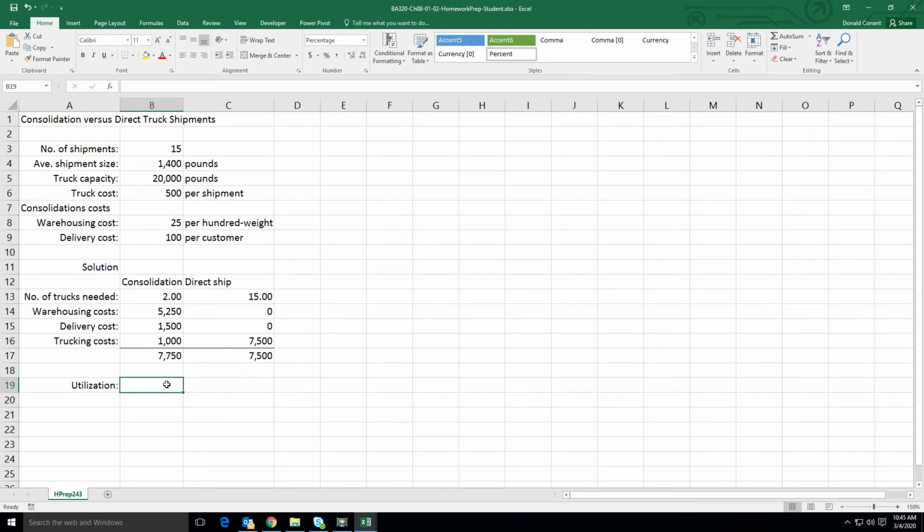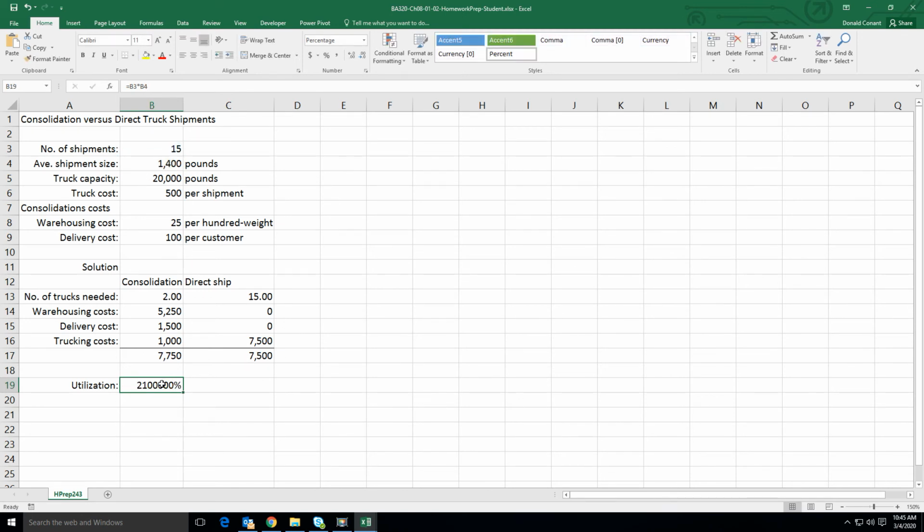Now to calculate the utilization, I want to see for every shipment how much of the truck capacity I'm using. How much am I using that truck? So let's work our way into this for consolidation. For consolidation, we have 15 shipments times 1,400 per shipment.